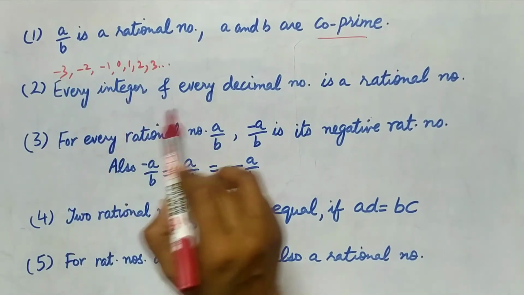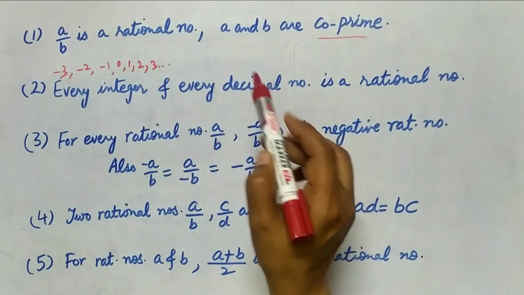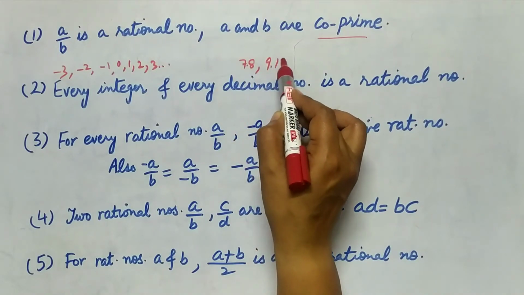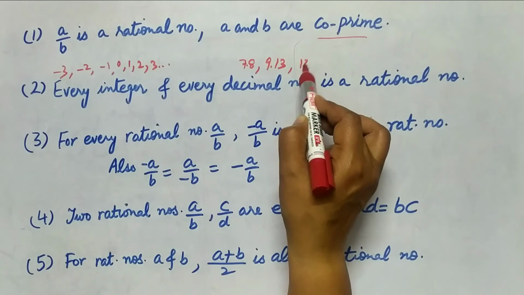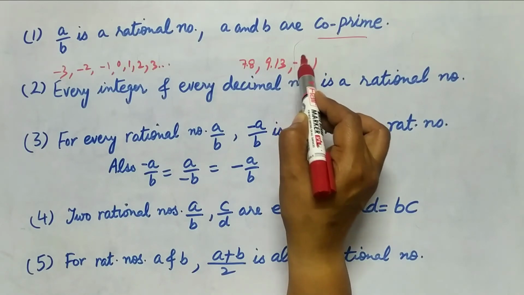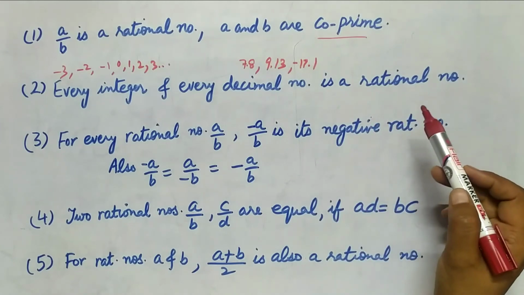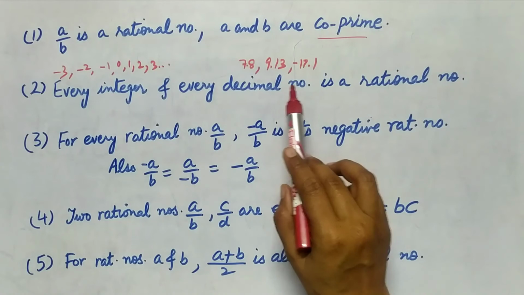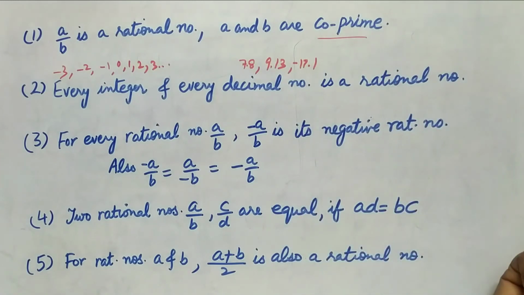And here -1, -2, -3. They are also rationals. And every decimal, 7.8, 9.13, 17.1, etc. Integers and decimals are also rational numbers.